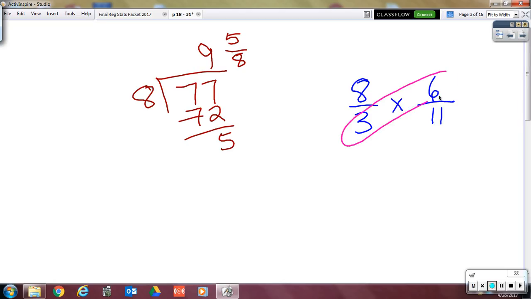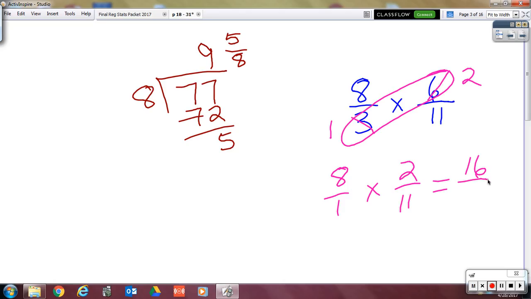So if I reduce this ahead of time, this becomes a 1 and this becomes a 2, and essentially I've got 8 over 1 times 2 over 11, and this turns into 16 over 11, which goes into 1 and how much is left over? 5 with 11 on the bottom. And guess what?